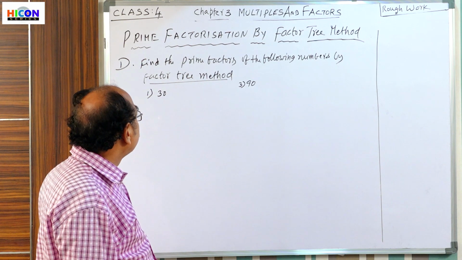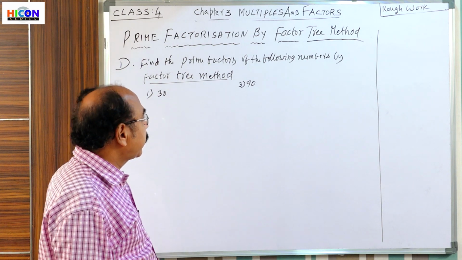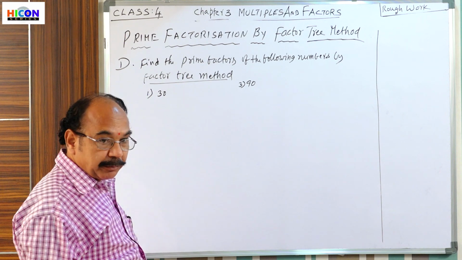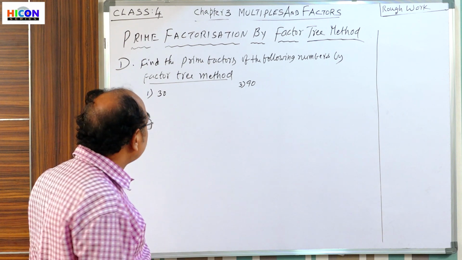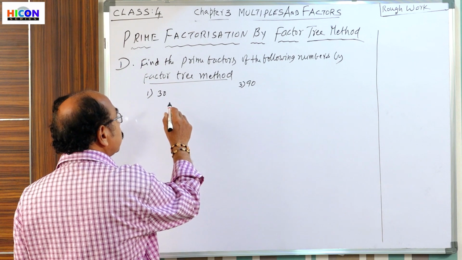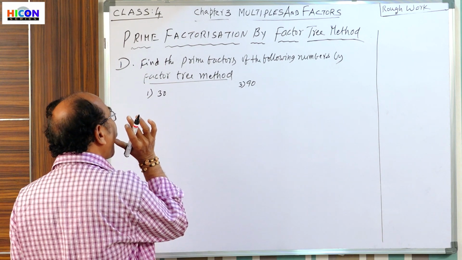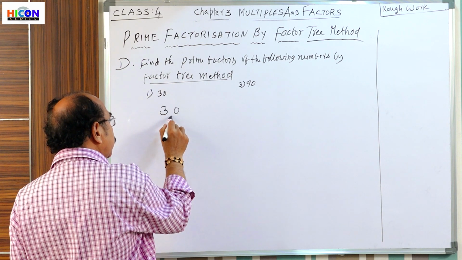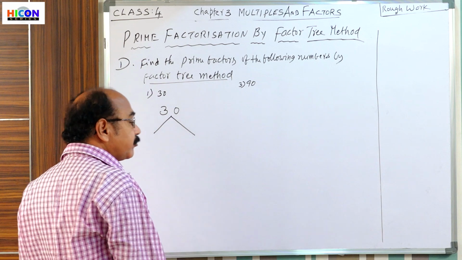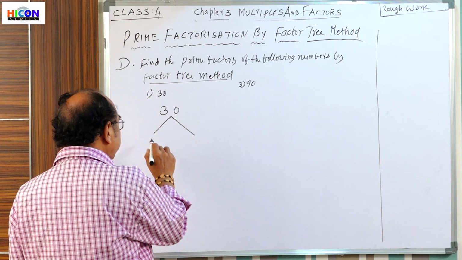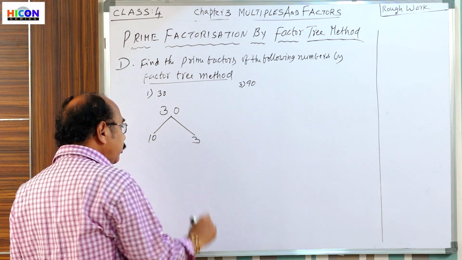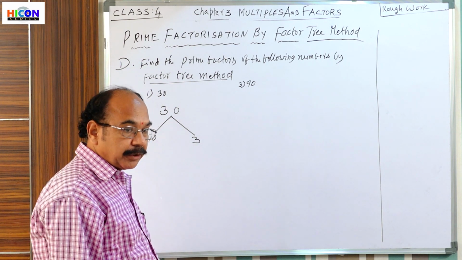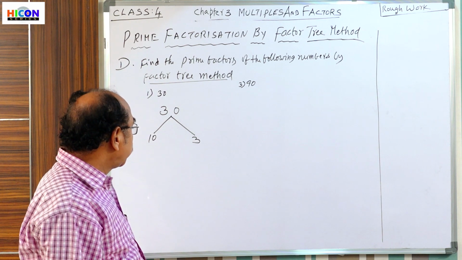Here you take first 30. 30 can be written as 10 threes are 30. Everybody knows about it.